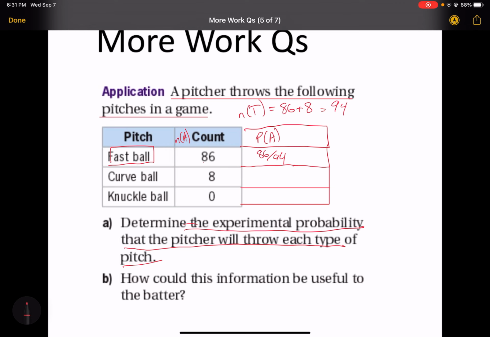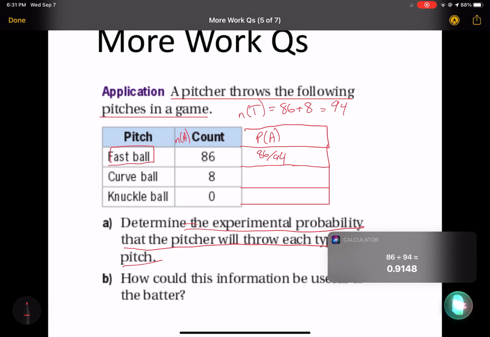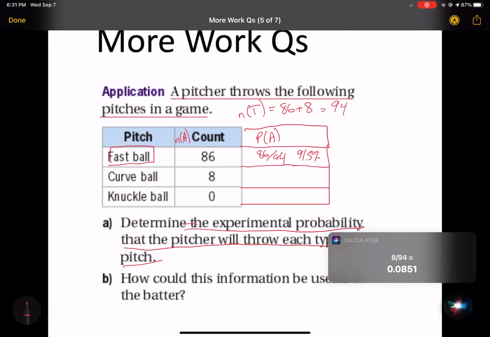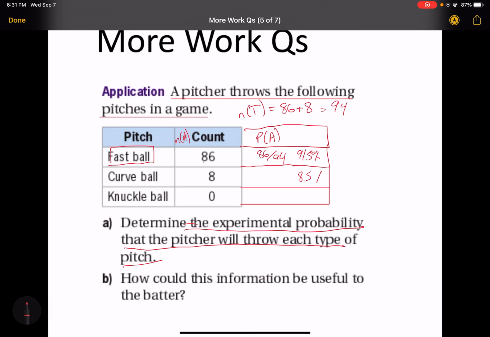Let's see the best way to do it. And then 8.5%, which is 8 over 94. And that's it. How could this information be useful to the batter? Well, we know we're going to get a fastball most of the time, and just be careful for a curveball. Very few times.